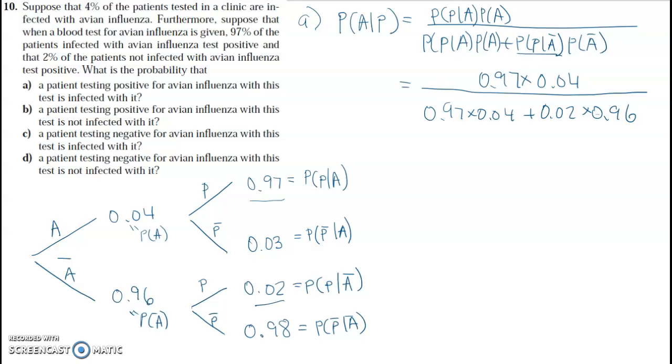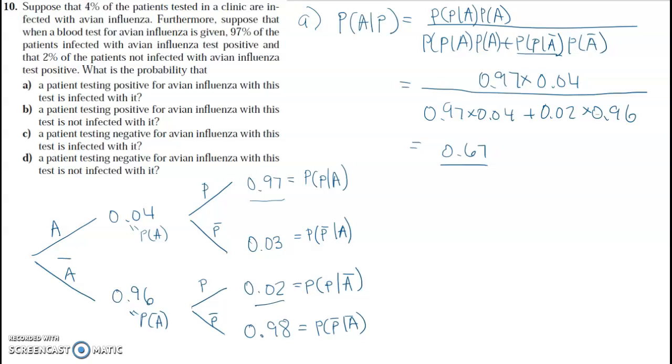If you do this, I got a value of 0.67, so that's it. You can either give your answer as this, or it can be interpreted as 67% is the probability that a patient testing positive for avian influenza with this test is actually infected.